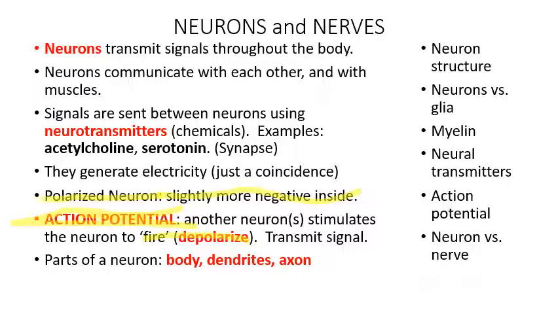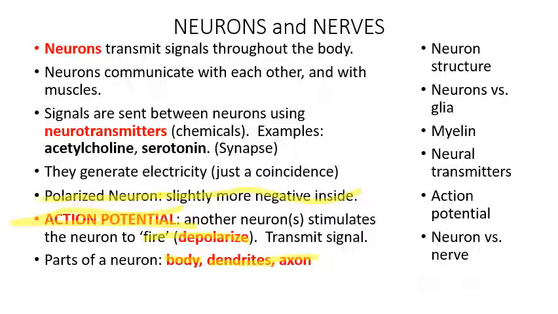And then I mentioned earlier that a neuron has different parts. It has a body where the nucleus is located. Sticking out from the body are these little tiny short appendages called dendrites. The dendrites are generally there to receive signals from other neurons, and then once the neuron is stimulated and an action potential is reached, it will transmit the signal down this long appendage called an axon, and the end of the axon is called a terminal button.